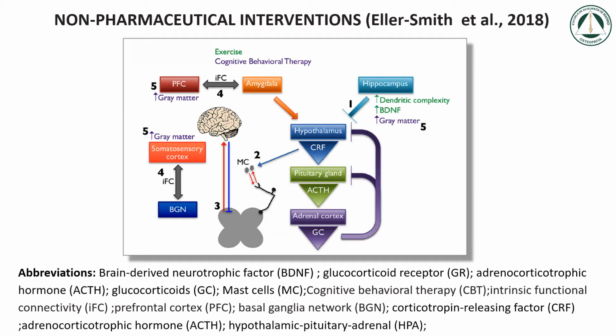Non-pharmaceutical interventions restore proper signaling within the hypothalamic pituitary adrenal axis, and between higher structures. 1. Exercise increases dendritic complexity, and brain-derived neurotrophic factor expression in the hippocampus, which restores negative input onto the hypothalamus to restore proper hypothalamic pituitary adrenal axis output.